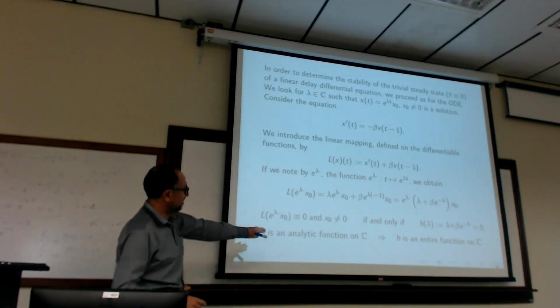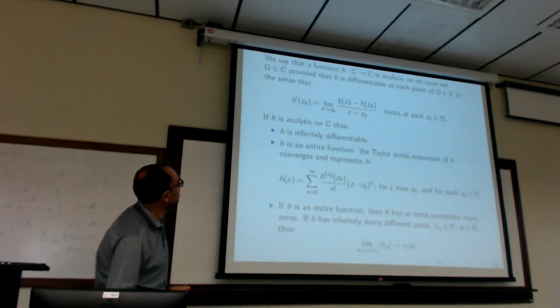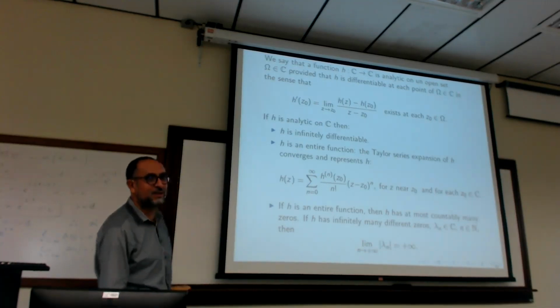What does entire mean? We can develop it in an entire Taylor series. But be careful, I put this here because it is very good to remember all the time what that means.